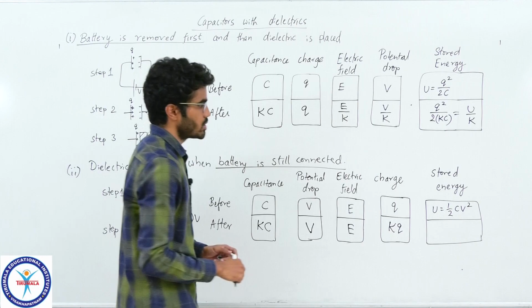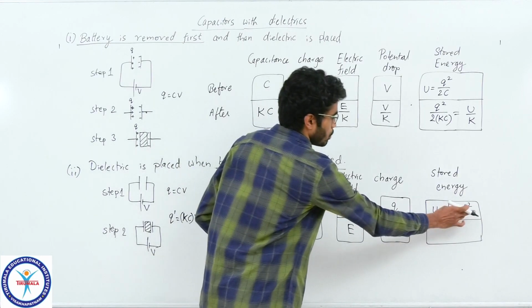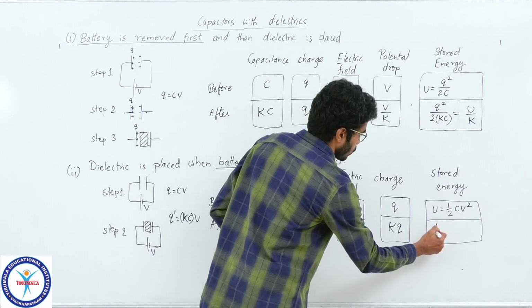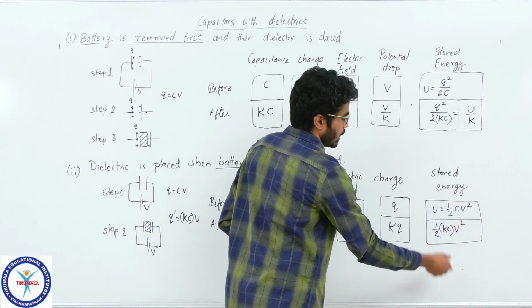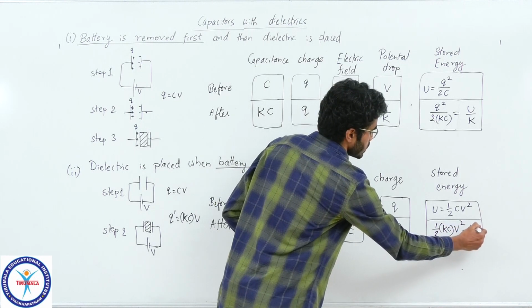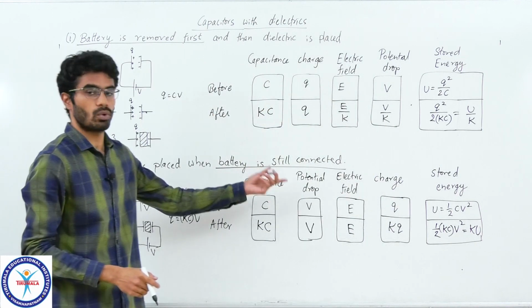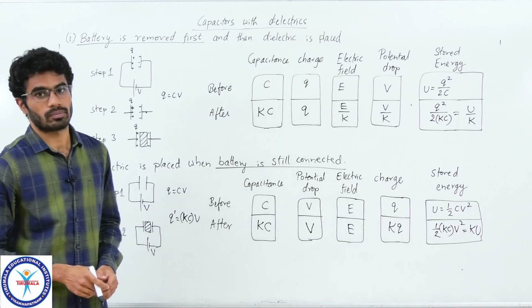What is the stored energy now? It can be given by half CV square. The potential remains unchanged, but the capacitance improves, so this is half KC into V square. That means it is improved by K times. The stored energy in the capacitor is K times the previous value.